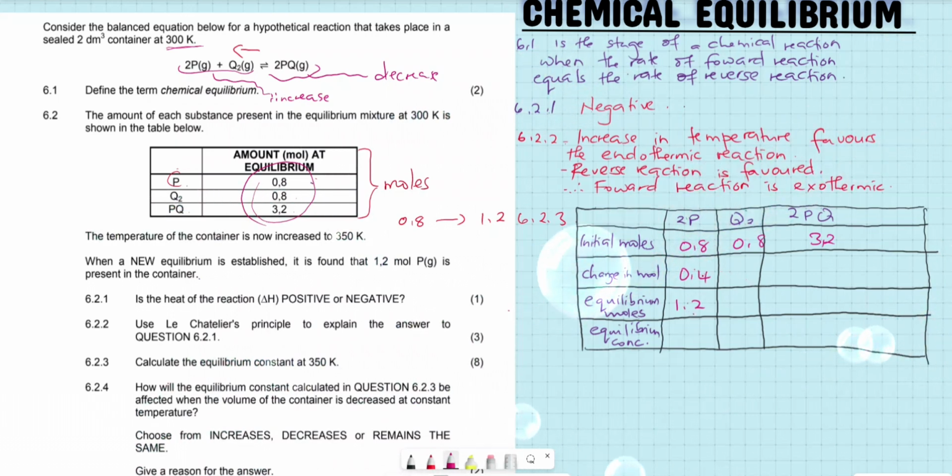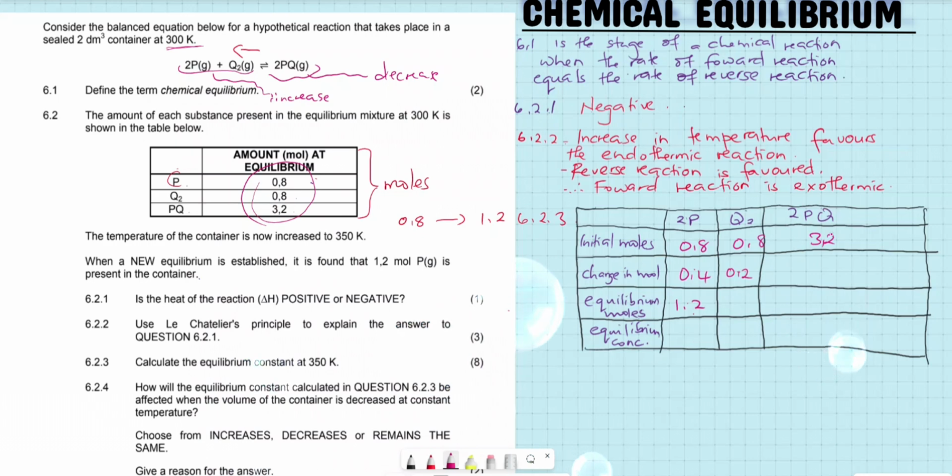Then from there, we want to balance this. We follow the mole ratio to find the change in number of moles of these other species. We can see P is in the ratio 2:1 with Q. So the number of moles of Q2 is half of the number of moles of P. So we say half of 0,4 is 0,2.